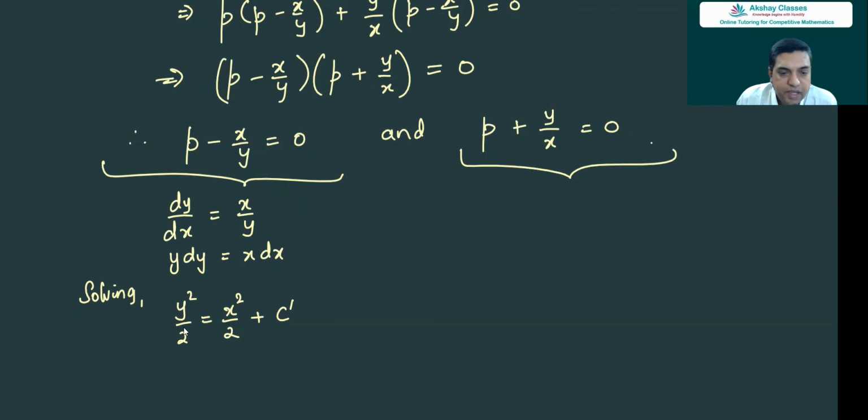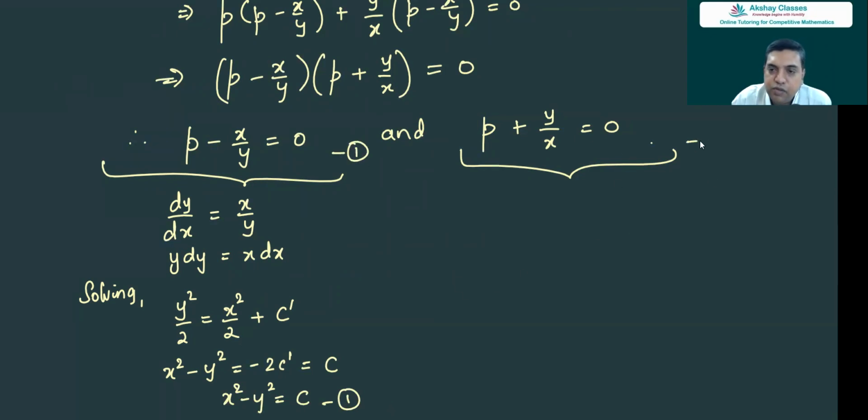And then we can write this as x square minus y square is equal to minus 2c dash, which is c. So x square minus y square is equal to c is one solution. Now the solution for this equation, dy by dx is equal to y upon x.